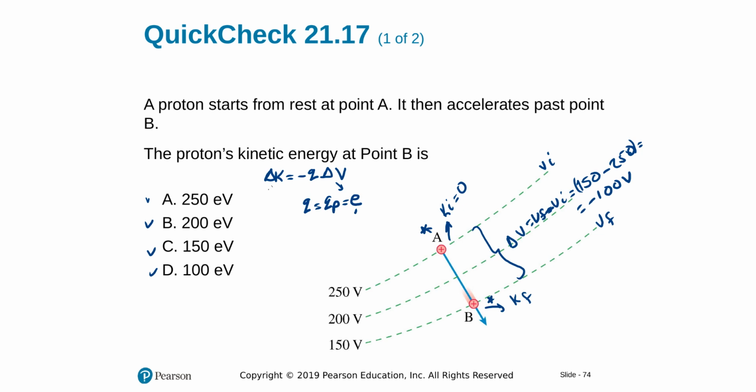Now, K final minus K initial equals minus Q delta V. This was 0. This is my K final, equals minus e times minus 100 volt. So K final should be 100 eV.